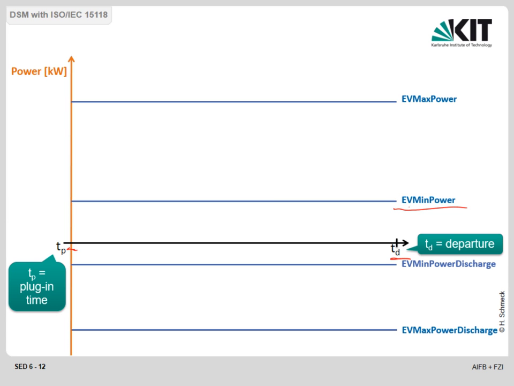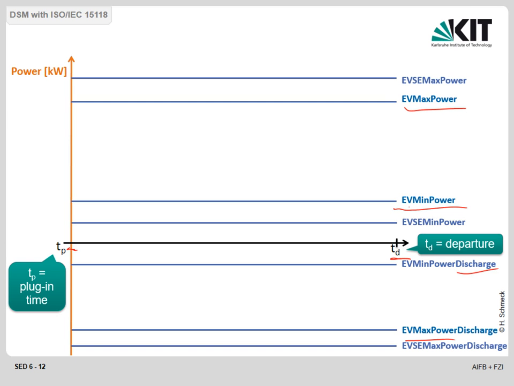You need some minimum power level because some other systems also need power to operate. And you have a maximum power level that you can actually deal with. And if you are able to discharge, to feed power back into the grid, you also need a minimum power and a maximum power for that.